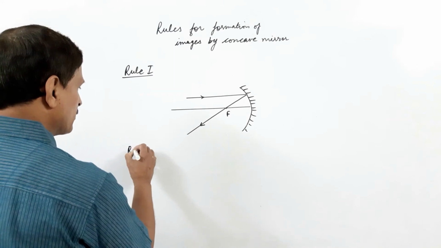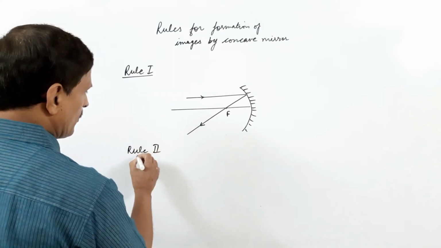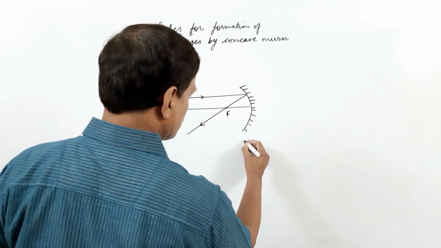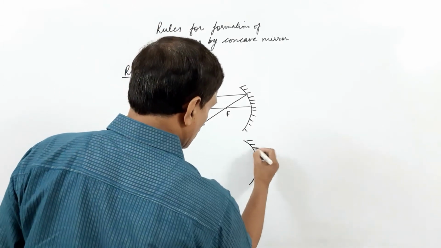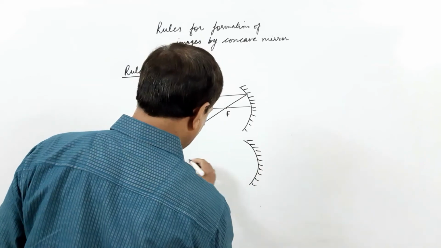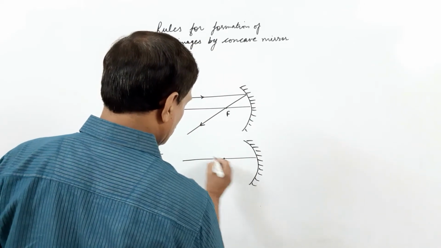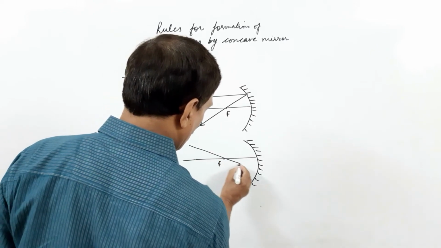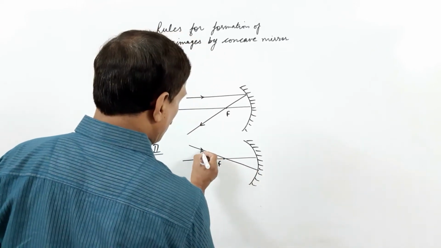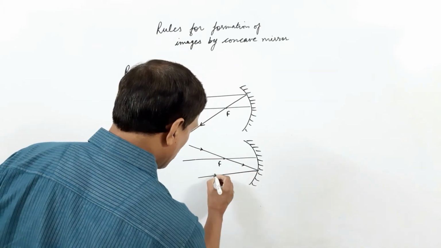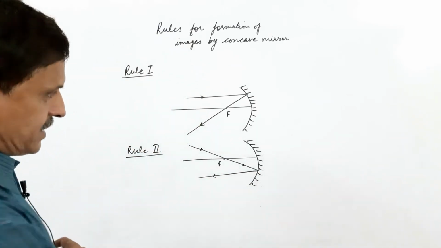Rule second: a ray passing through the focus of the mirror, after reflection becomes parallel to the principal axis.